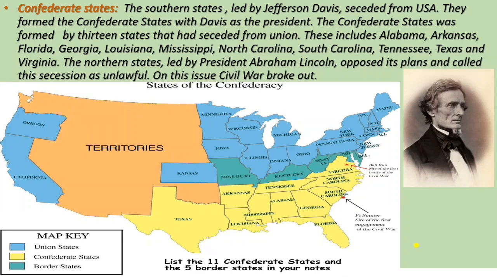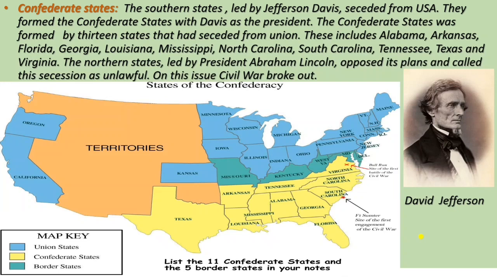These southern Confederate states were led by Jefferson Davis, and you can see the picture. Jefferson Davis served as president of the Confederate States from 1861 to 1865. Before the American Civil War, he operated a large cotton plantation in Mississippi and owned as many as 113 slaves.